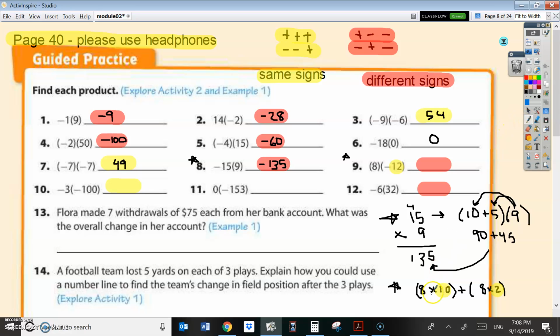So this will be 80 plus 16 will give you 96. But make it negative 96. Positive 300. 0. Ooh, 6 times 32. Let's clear out this space a little bit.